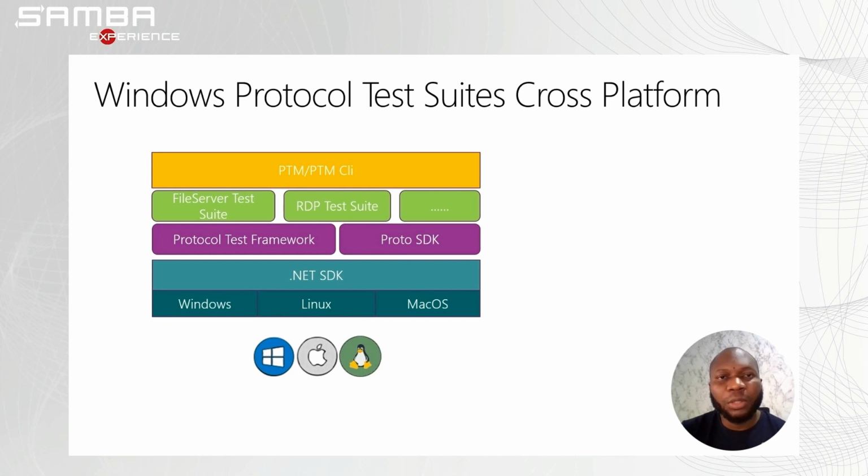The Windows Protocol Test Suite was initially a Windows-only application, but since it has been migrated to .NET SDK, .NET Core, and now .NET 6, it's a fully cross-platform application available on all platforms that support .NET. The test suite can be thought of as a layered application. The .NET SDK is available on Windows, Linux, and macOS as seen on the slide.